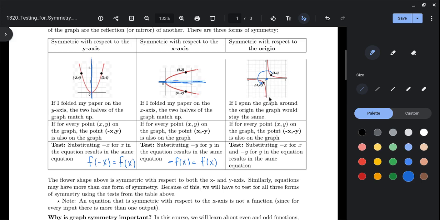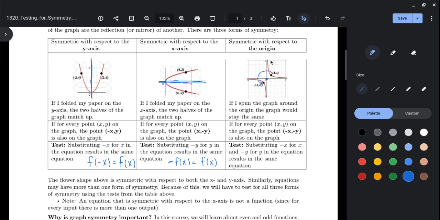They should overlap. Another way I can say this is that the point (1, 1), which is (x, y), is on here, so that means the point (-x, -y), or in this case (-1, -1), should also be on the graph.